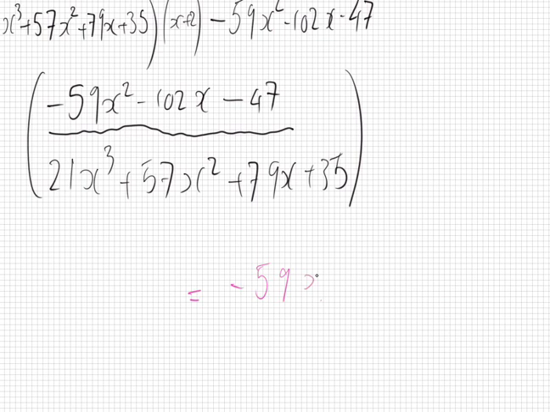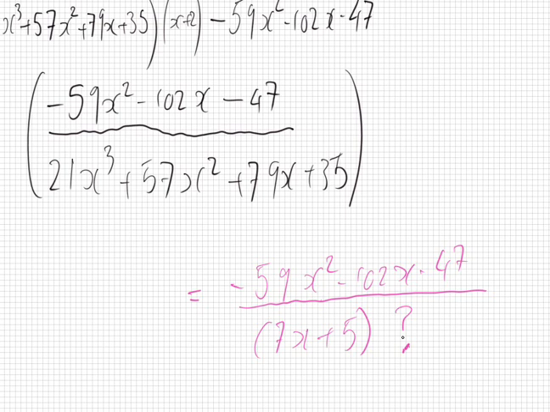This is equal to minus 59x squared minus 102x minus 47 over, what did I just say, sorry, 7x plus 5. And then my calculator gives me no other factors. That means what? That the other factor is a quadratic with no roots.